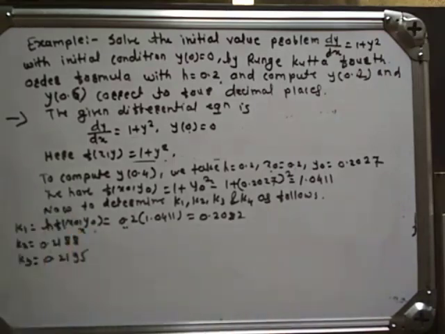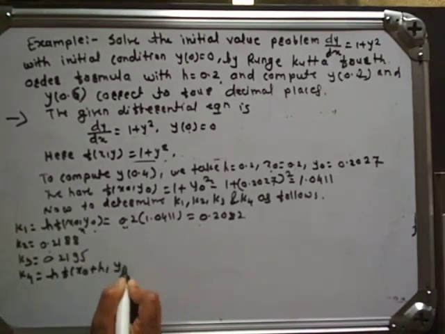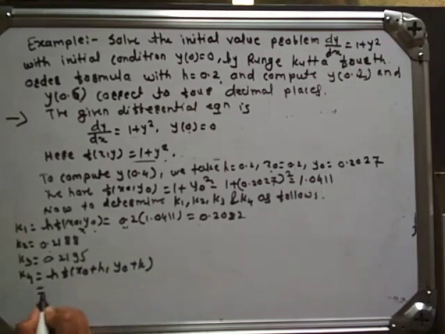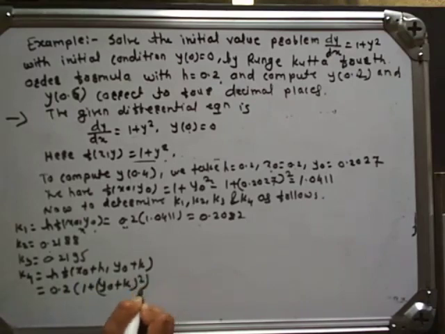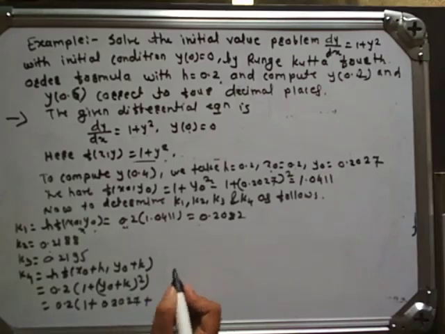Now we have to find K4. K4 is h into f of x0 plus h comma y0 plus k3. So this is equal to 0.2 into 1 plus y0 plus k3 bracket square. So this is equal to 0.2 into 1 plus, what is y0? y0 is 0.2027 plus k, sorry, here it is K3.